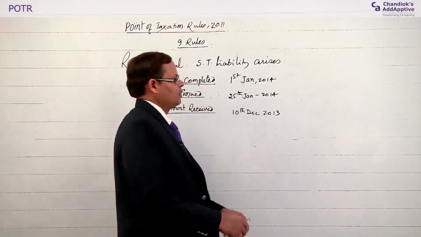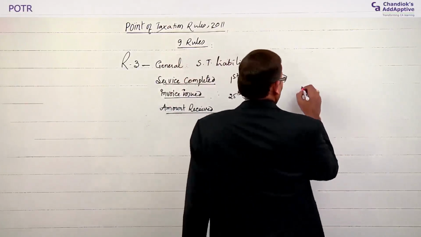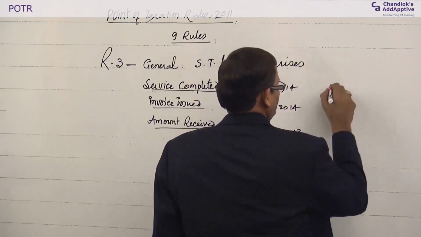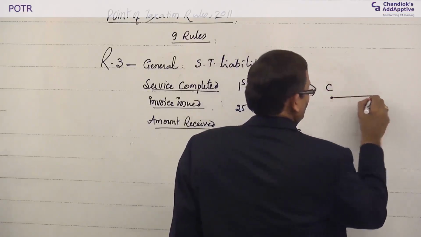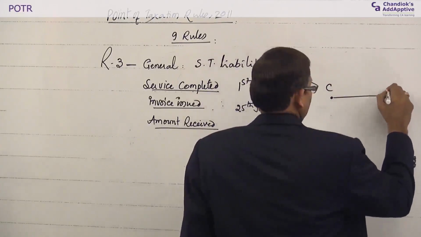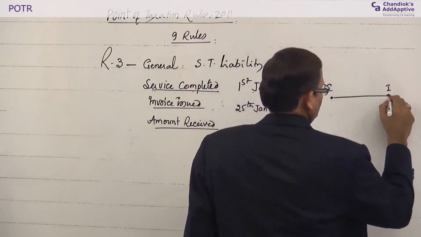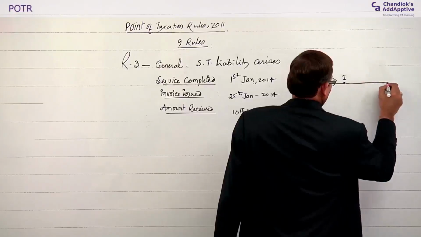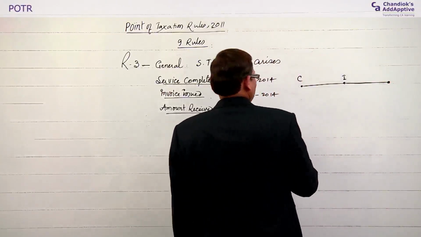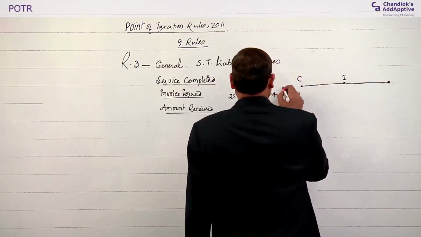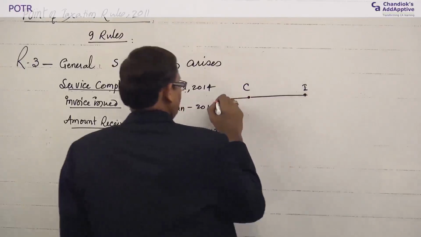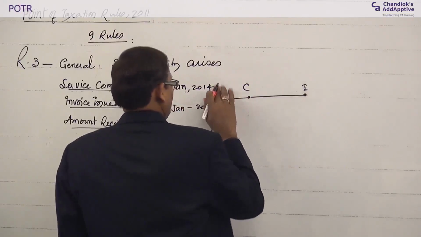Then how do you determine the tax liability and the due date? This is the point of completion, and this is the point of issue of invoice, and this is the point of payment.